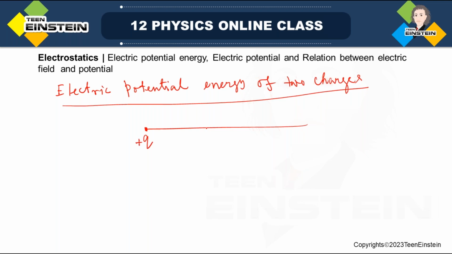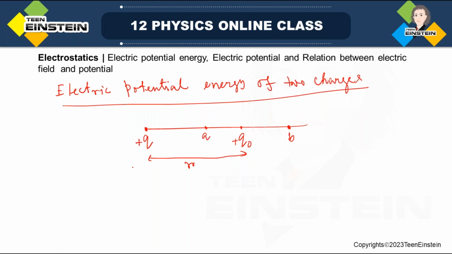So if I take this point A and this point B, suppose another charged particle Q0 is somewhere here with a positive sign, and the separation between these two charges is r. We want to calculate the electric potential energy due to this two-charge system. So if I move this q0 from A to B, we need to first find out the work done.